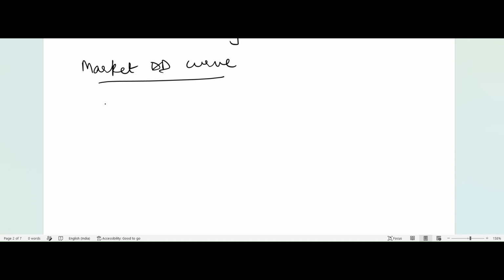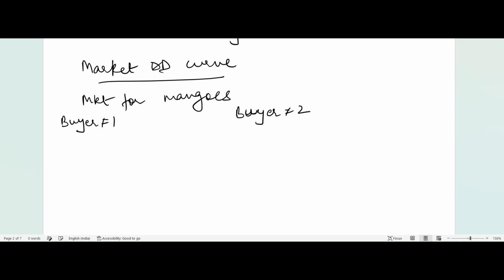So let's assume that there's a market for mangoes. The market for mangoes is what I'm considering. We have buyer one, then I have buyer two, and here I have the market.